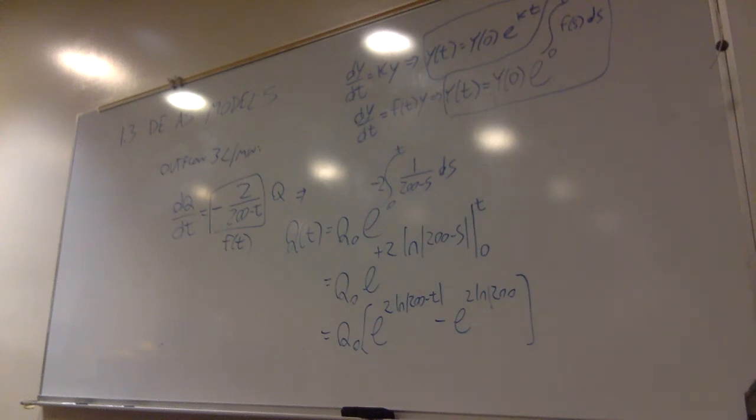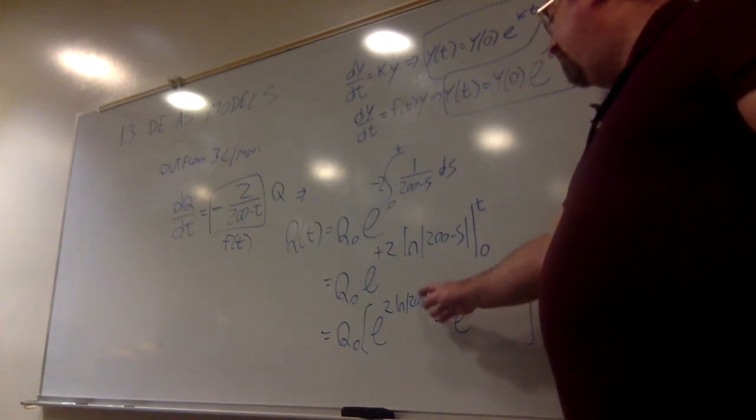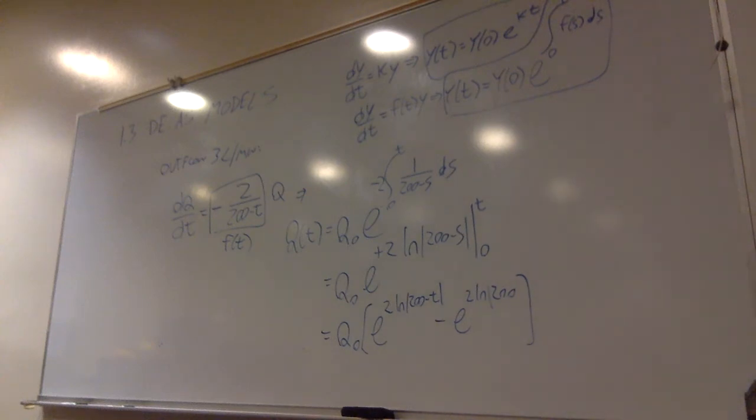And really, the amount of solution in the tank is definitely not going to be negative, because otherwise the laws of physics are broken. So this solution will only be valid as long as this quantity is positive. So certainly only valid for t strictly less than 200. Okay.